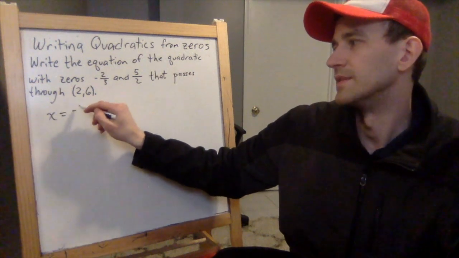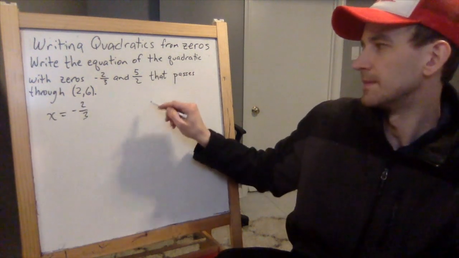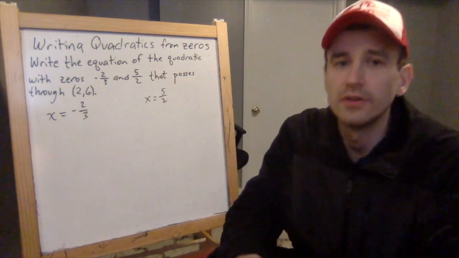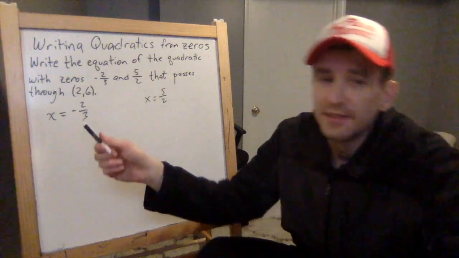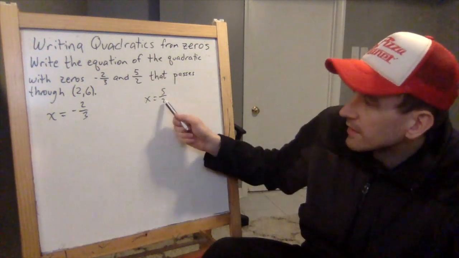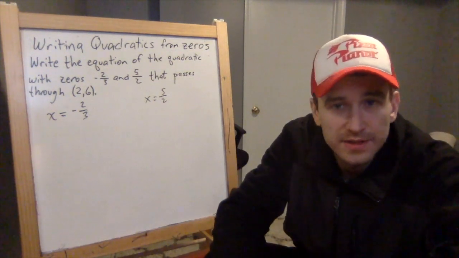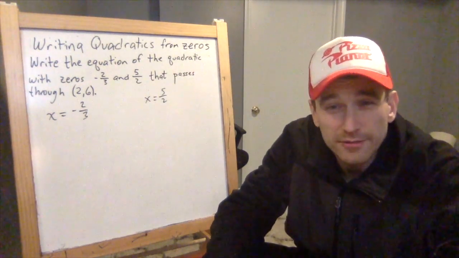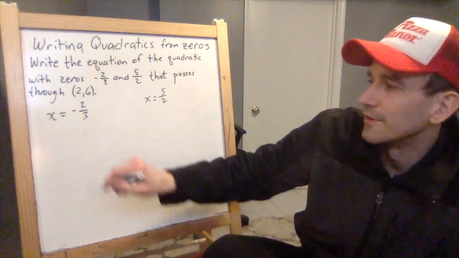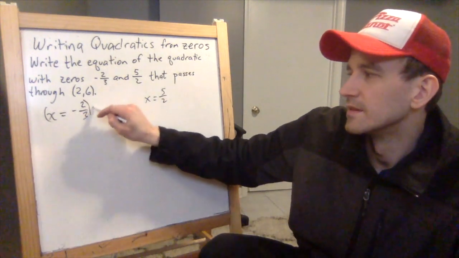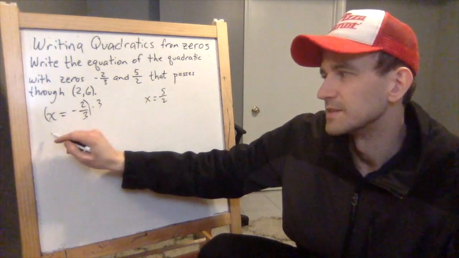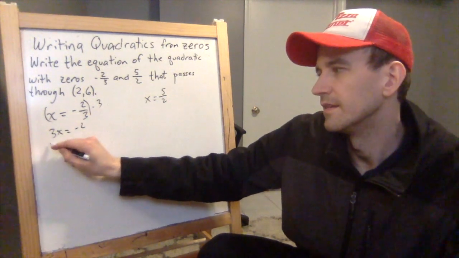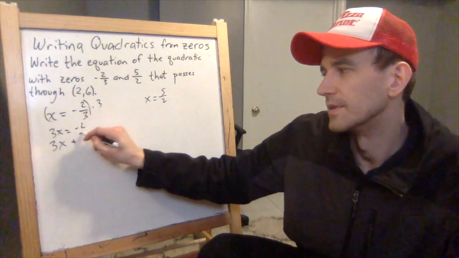So my two zeros are negative 2/3 and 5/2. Now, to find the factors, you could just add 2/3 over here, subtract 5/2 there, and have x plus 2/3 and x minus 5/2 as your factors, but then you'd have fractions to deal with. So what I prefer to do is to get rid of my fractions by multiplying by the denominator, and then subtract 2 from both sides.